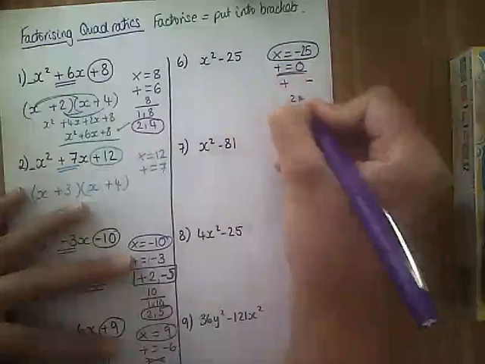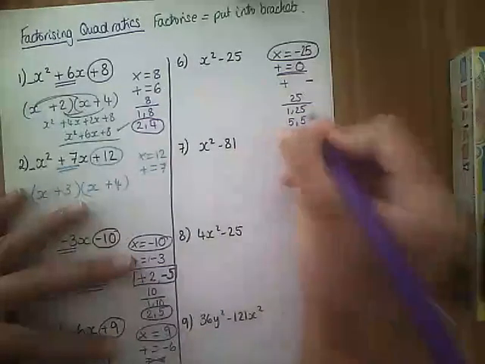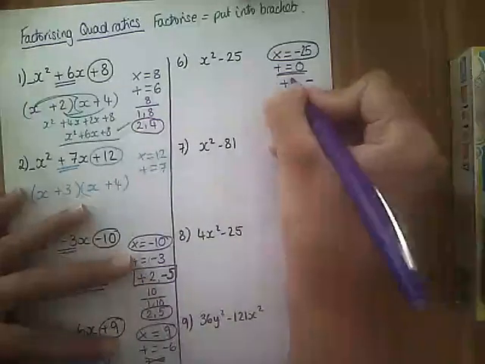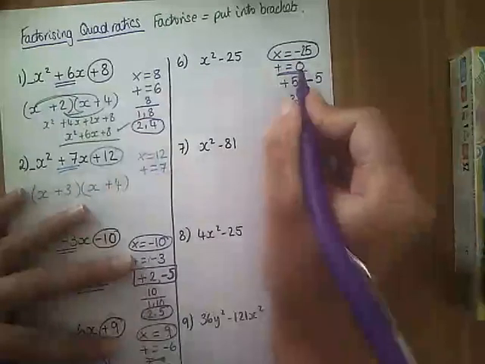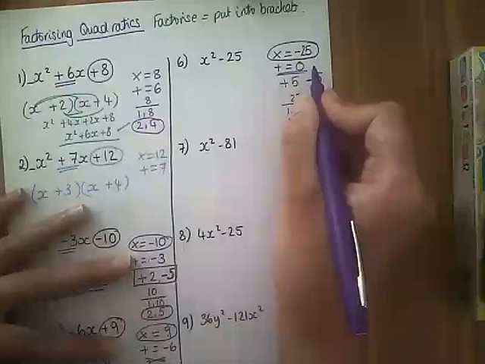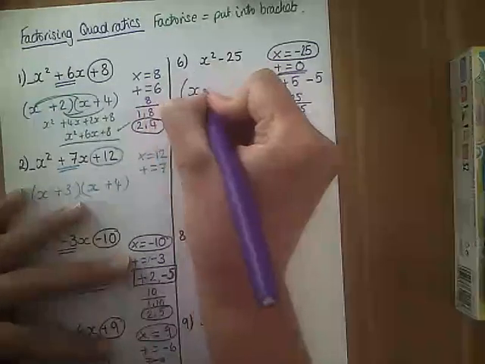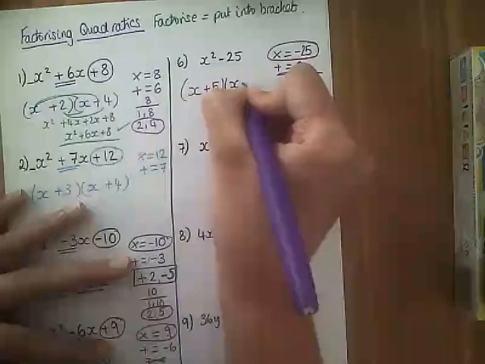So thinking of factors of 25: 1 and 25, or 5 and 5. Well, 5 and 5 would work, because 5 take away 5 makes 0. 5 times minus 5 equals minus 25. So my brackets are x plus 5, x minus 5.